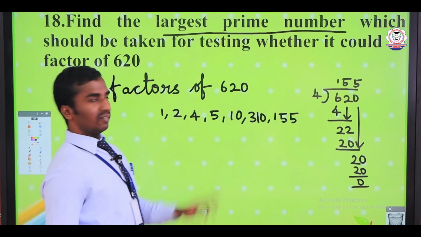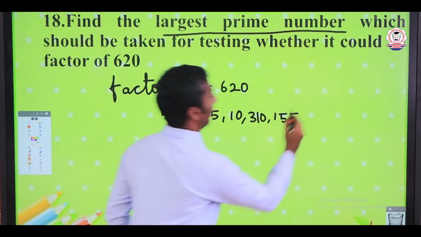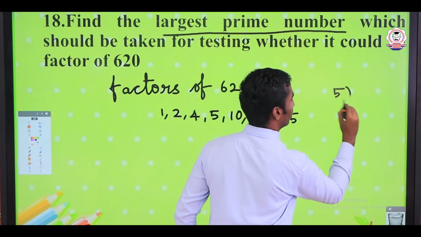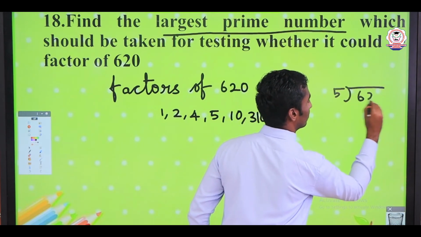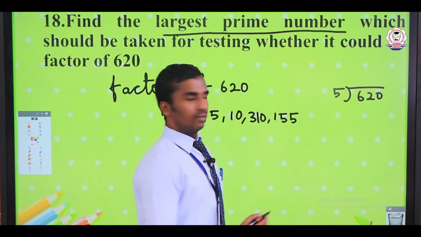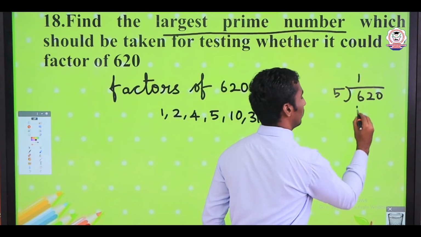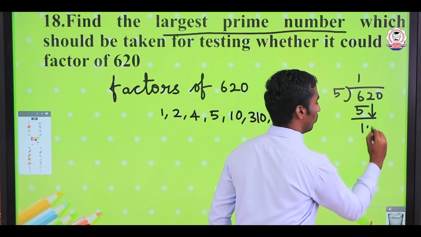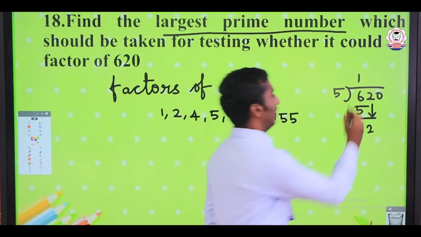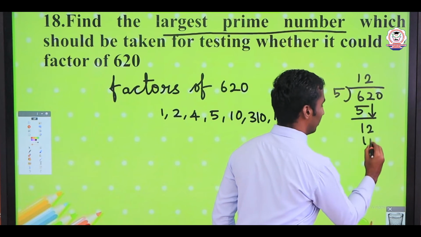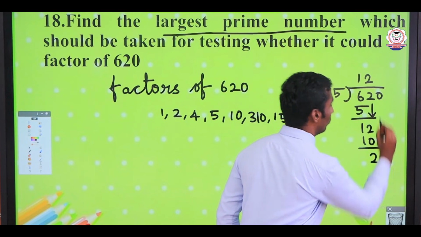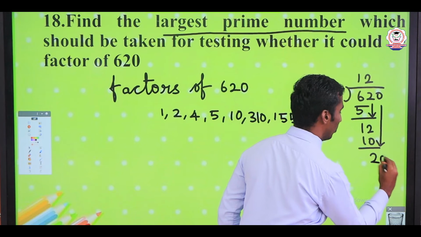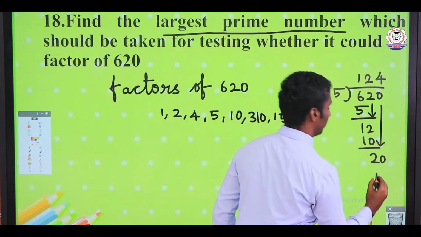Next, the 5 table. Divide 620 by 5. 5 ones are 5, remaining 1. Bring down 2, we get 12. 5 twos are 10, remaining 2. Bring down 0, 5 fours are 20.